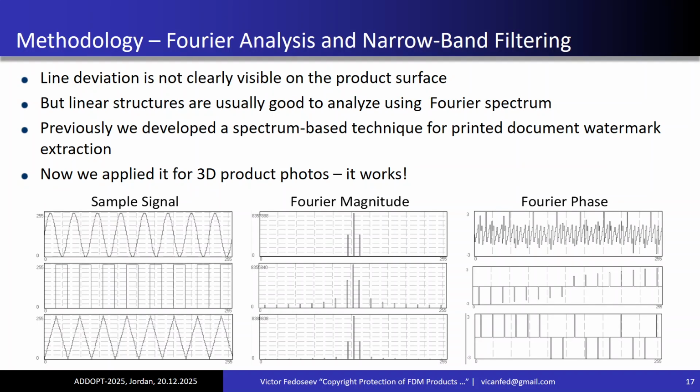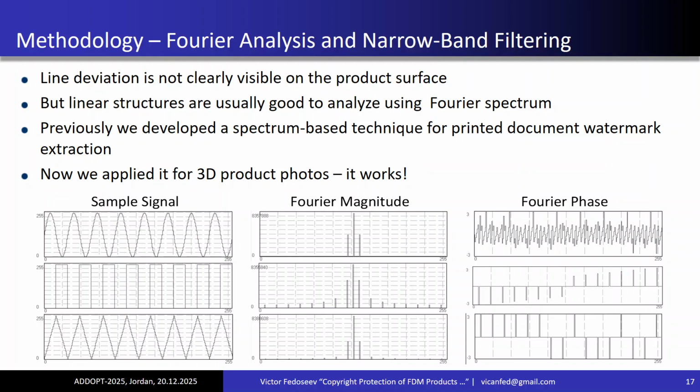Line deviation, especially in the case of line shift, is not clearly visible on the product surface, but linear structures are usually good to analyze with Fourier spectrum. And previously, when we studied printed document protection, we developed a spectrum-based technique for printed document watermark extraction.